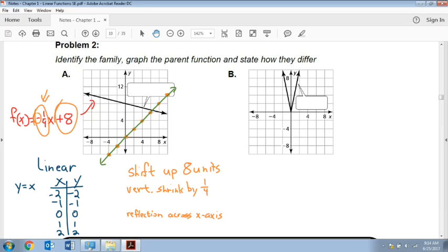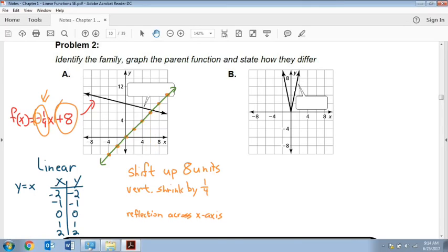Did it go across the x, or did it go across the y? Well, basically, it affected my y's. It took all my y values, and by affecting the y, it moved it across the x. A y goes up and down across an x-axis.